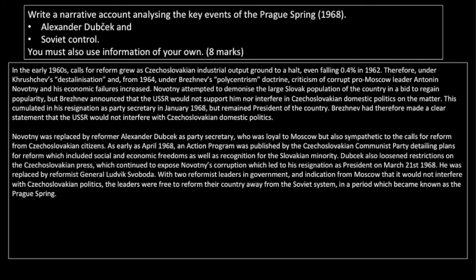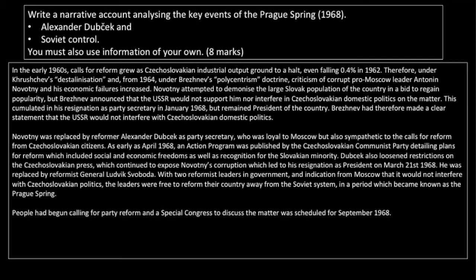With 2 reformist leaders in government, and indication from Moscow that it would not interfere with Czechoslovakian politics, the leaders were free to reform their country away from the Soviet system, in a period which became known as the Prague Spring. People had begun calling for party reform, and a special congress to discuss the matter was scheduled for September 1968.